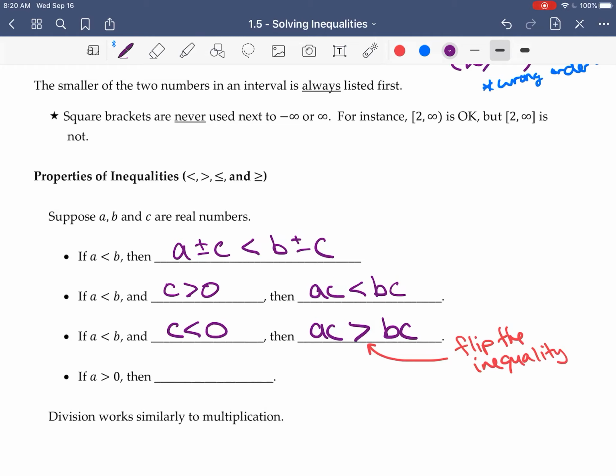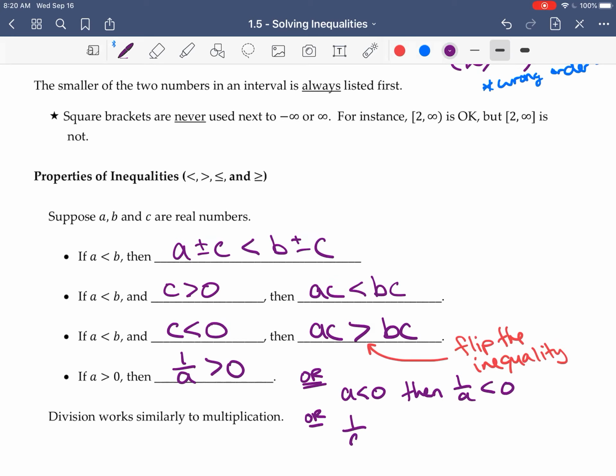Also, if A is bigger than 0, then 1 over A is also bigger than 0. Or similarly, if A is less than 0, then 1 over A is also less than 0.